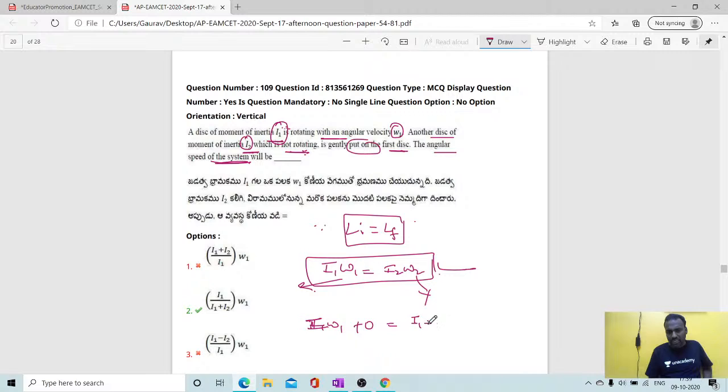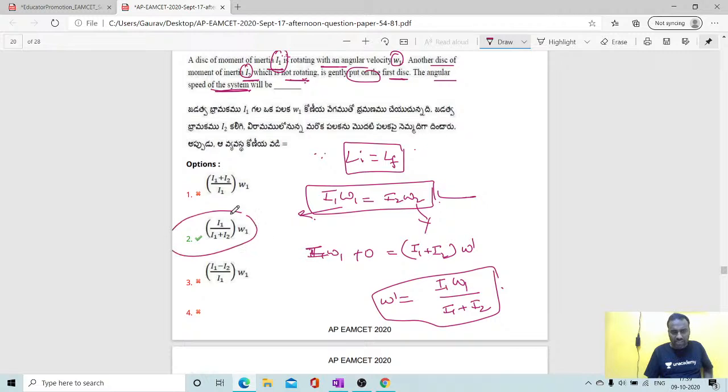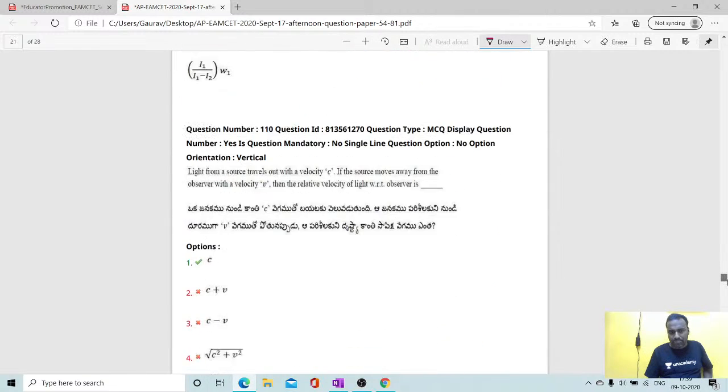So the total moment of inertia is I1 plus I2, into omega dash, the new angular momentum. So omega dash is equal to I1 omega 1 upon I1 plus I2. So the second option is the perfect answer. Yes, students.